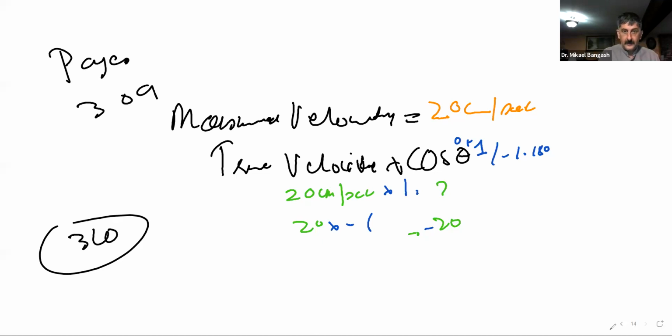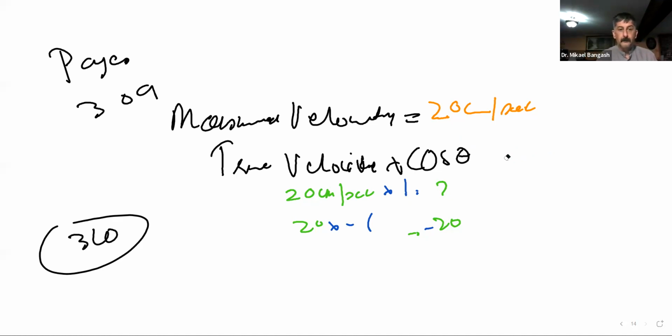We had the same velocity, the velocity of the blood in the blood vessel. But let's say we scan it from a different angle now.